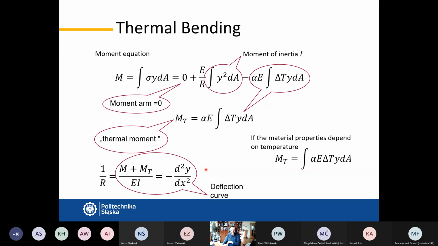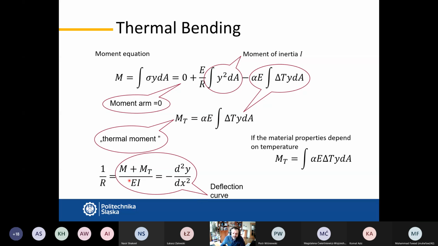Of course, this is the differential equation. Now we have to solve it and find y, but you will get y as a function of x. It will depend on the total moment generated, the mechanical one and the thermal one. And there is a resistive part which constrains the deformation.